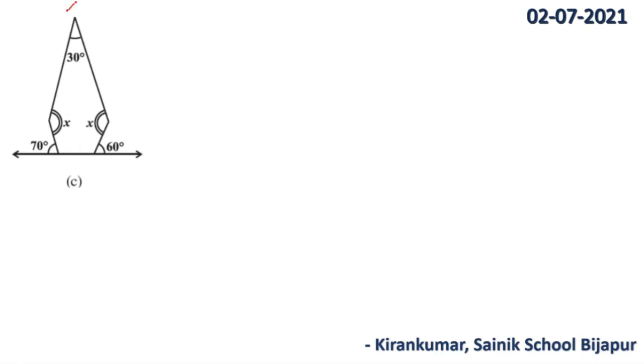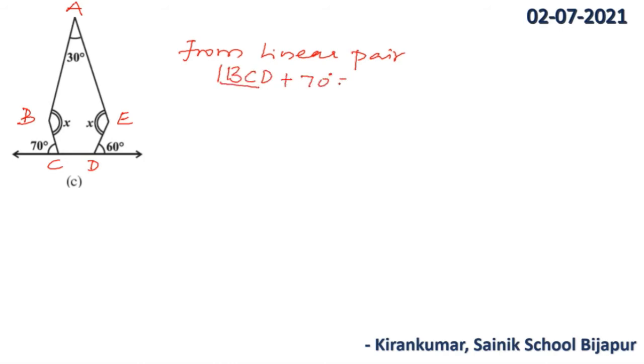Suppose I name this figure as A, B, C, D, E. From linear pair, angle BCD plus 70 degrees is equal to 180 degrees.